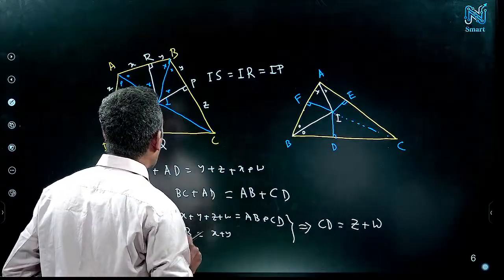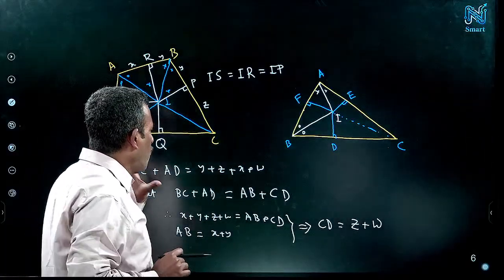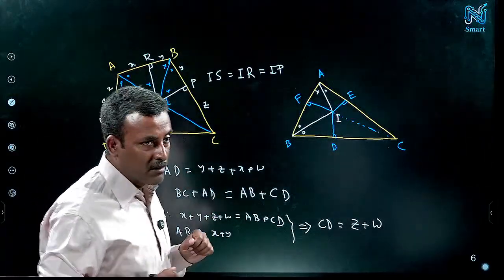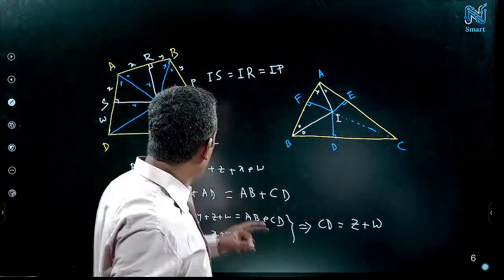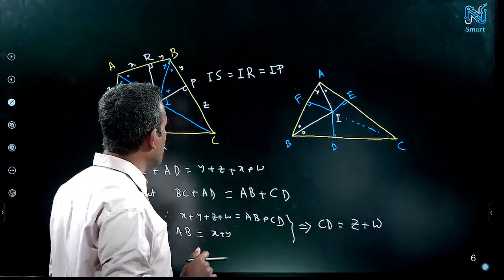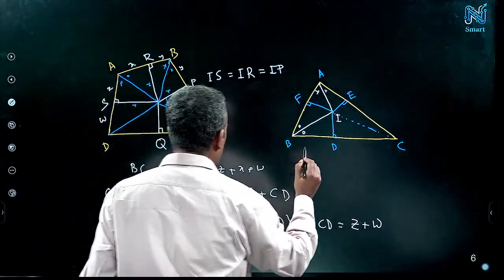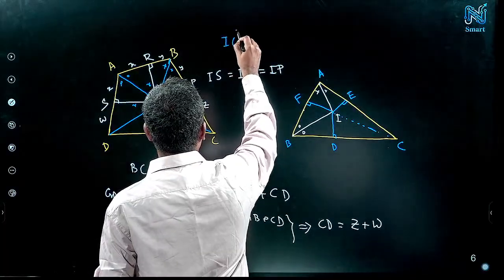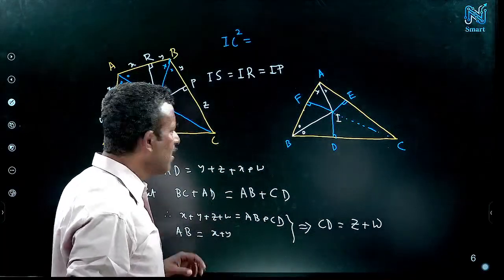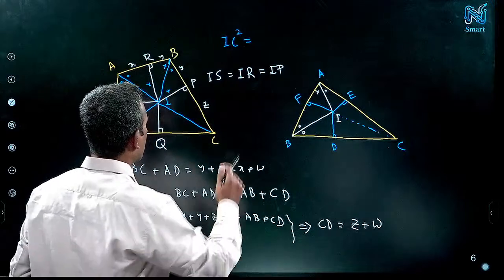Now, from the Pythagoras theorem, what do we get? IC square is R square plus z square.